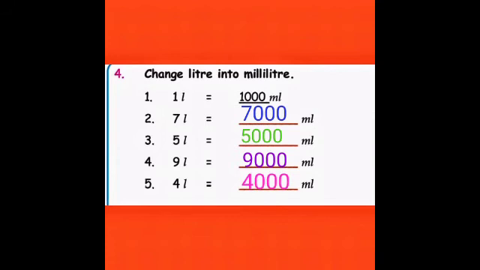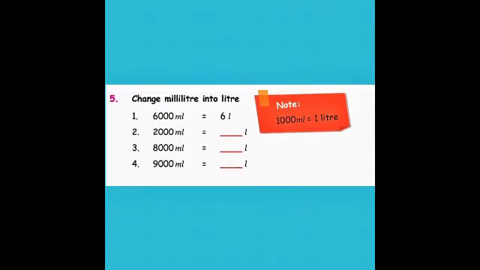In the same way, milliliter into liter: 1000 ml is equal to 1 liter. It's only the interchanged value. Here 6000 ml means 6 liter. 2000 milliliter means 2 liter. 8000 milliliter means 8 liter. 9000 milliliter means 9 liter, which is very easy.